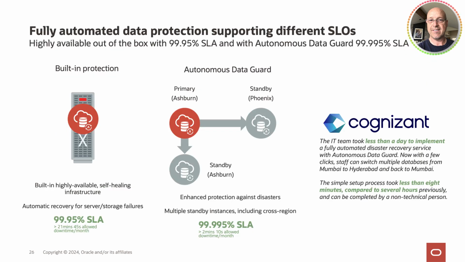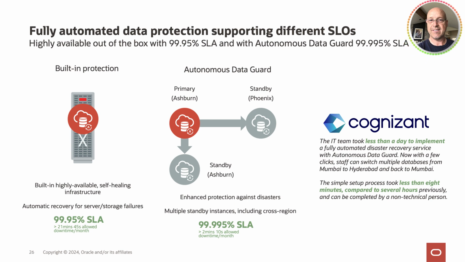In terms of your data protection, it's just an API that you fire, in Azure, to say whether you want our default SLAs, or whether you want to enable Autonomous Data Guard on your databases, which ups your SLAs from 99.95 to 99.995.